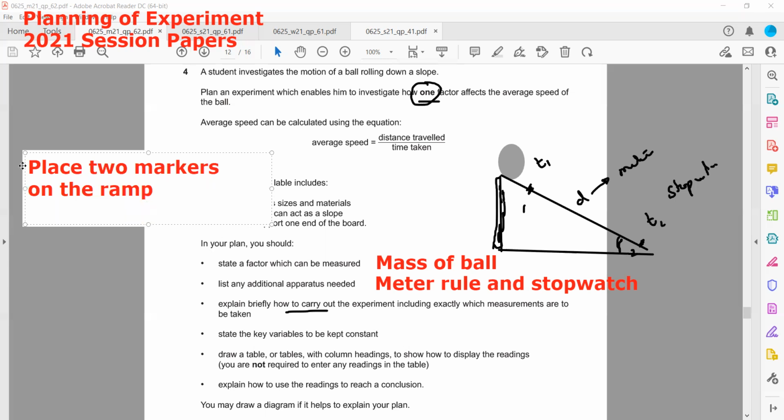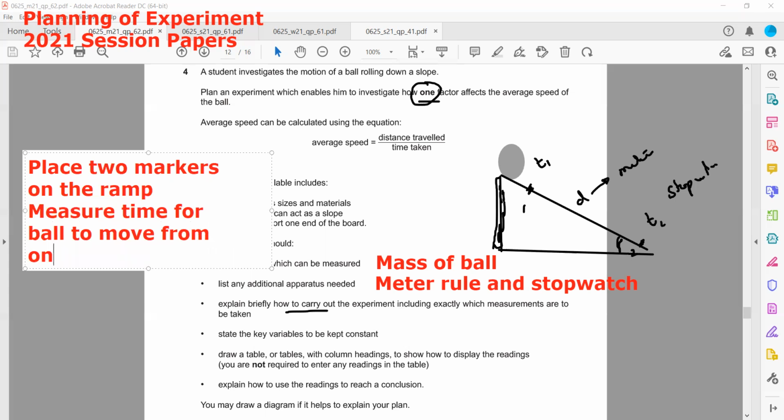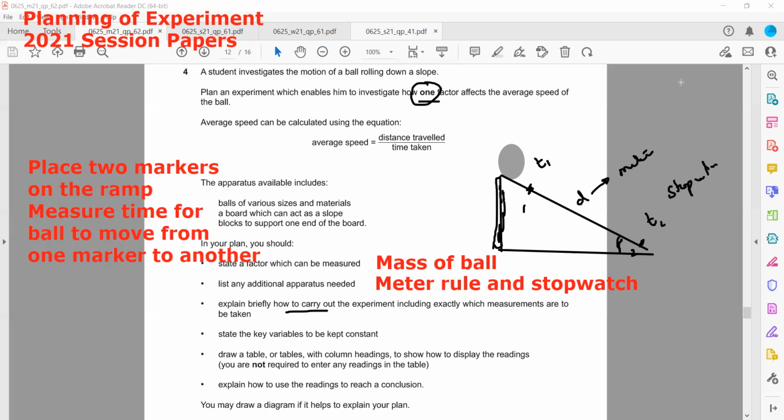Then we'll measure the time for the ball to move from one marker to another. What is a ramp here? Ramp means whenever you have any inclined surface, like when you have a slope, this is called a ramp. This inclined surface, we can also say a ramp.